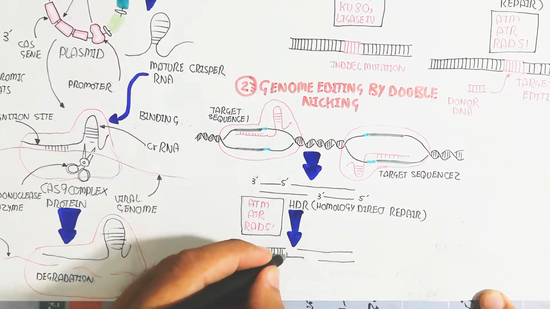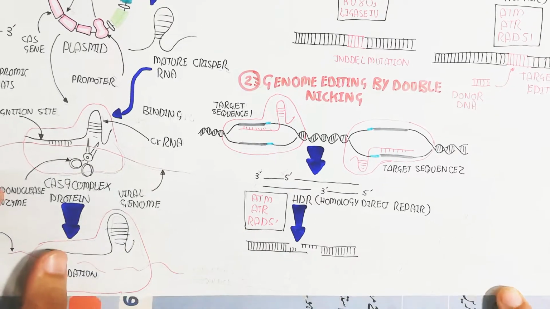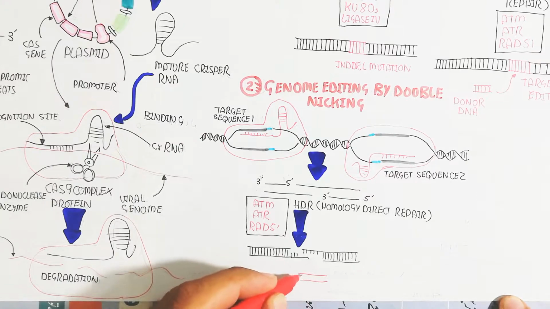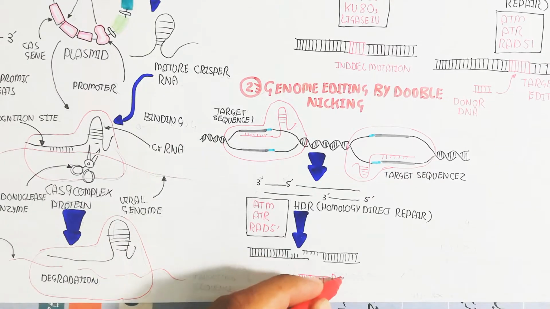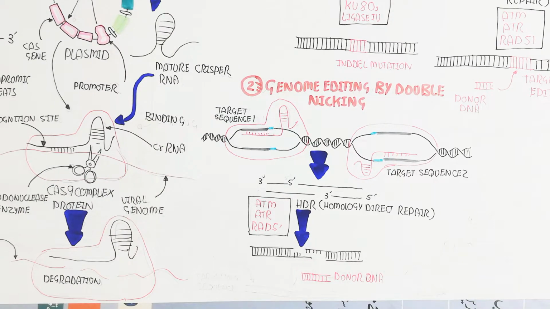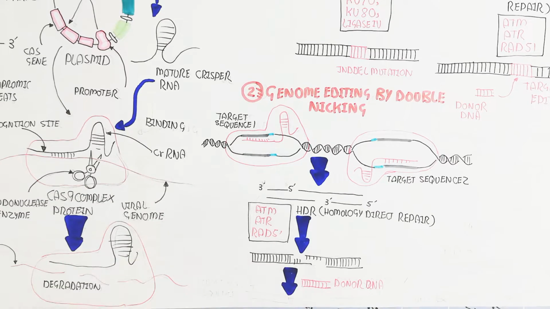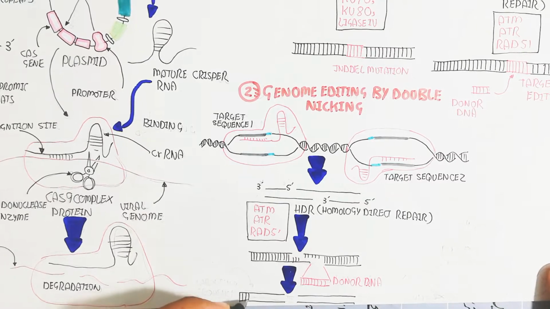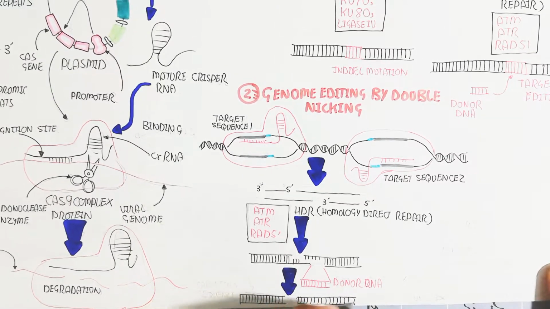So after this the target sequence, which the donor DNA will basically bind. After this is the 3 prime to 5 prime direction, and you can understand the 3 prime to 5 prime direction restriction, different origin, will lead to ligation through a donor DNA. So this is the genome editing by double nicking.